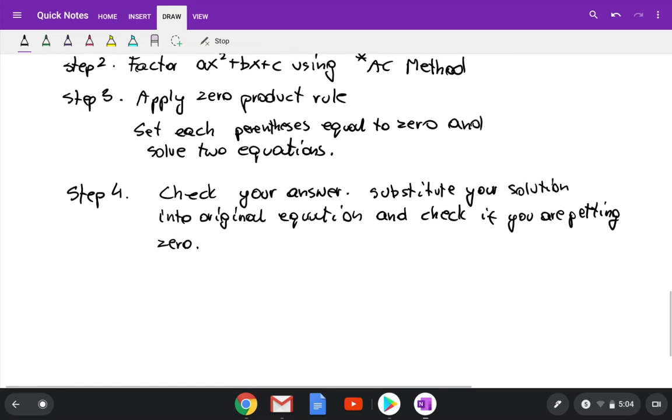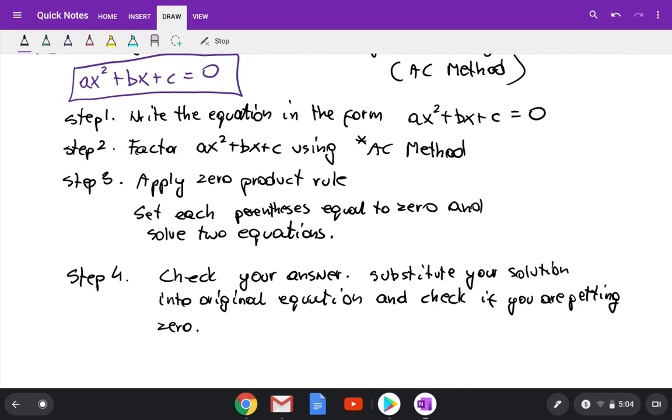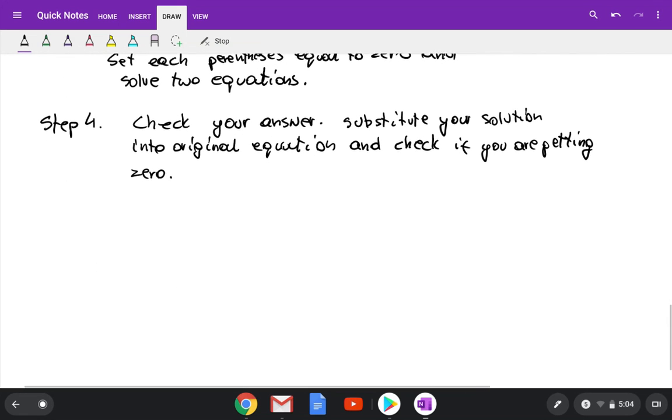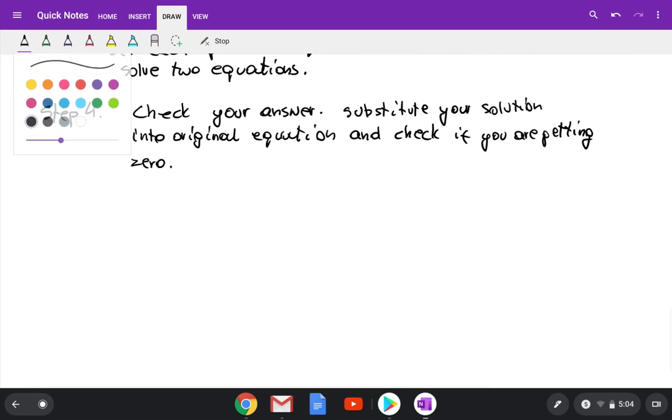Okay, so that's 4 steps. Again, I'm going to focus on steps 1, 2, 3. Step 4, you guys can always check the solution at home. Okay, so let's do the example.